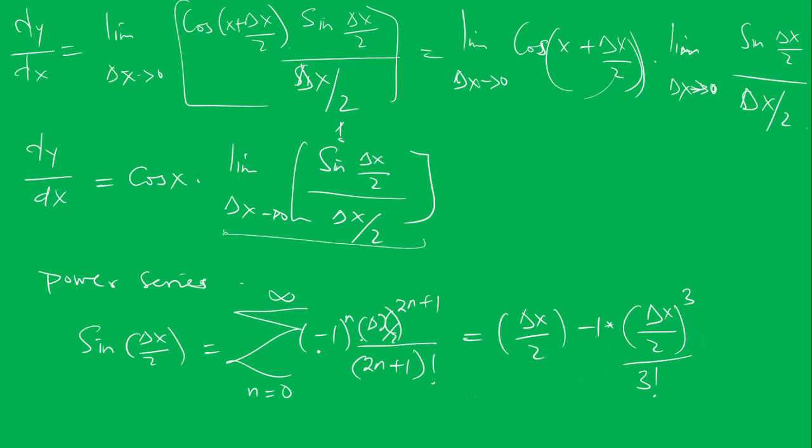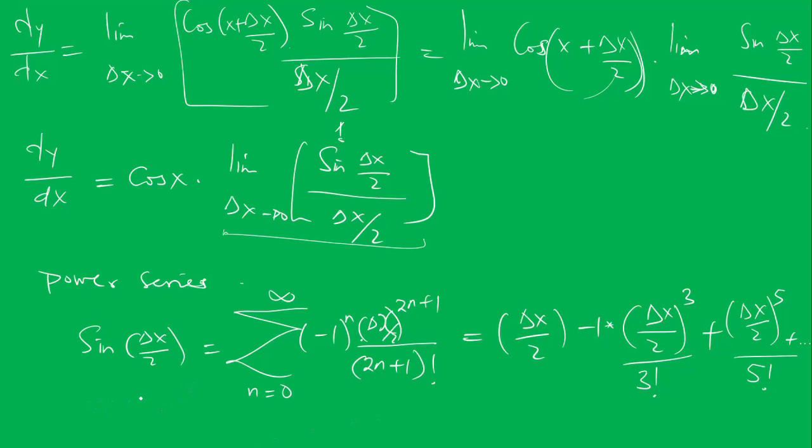The next one is 2, which becomes plus: you put 2 here, you have delta x all over 2 to the power 5 divided by 5 factorial. So plus, you continue.